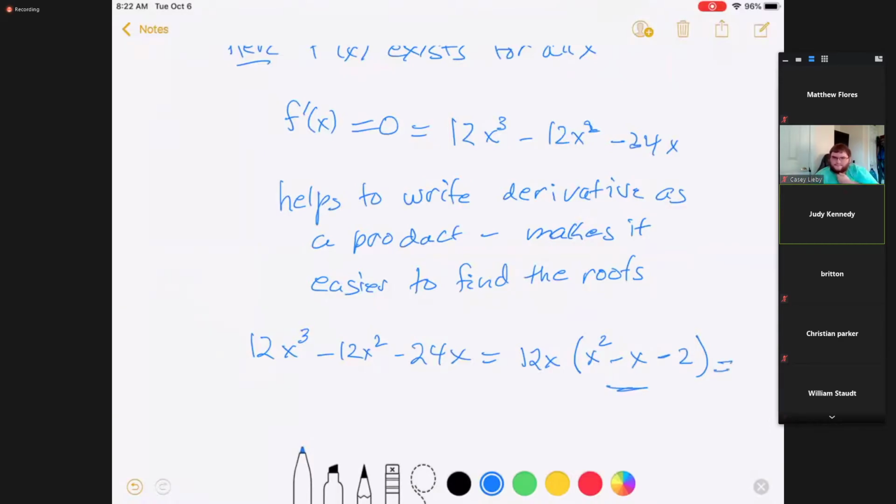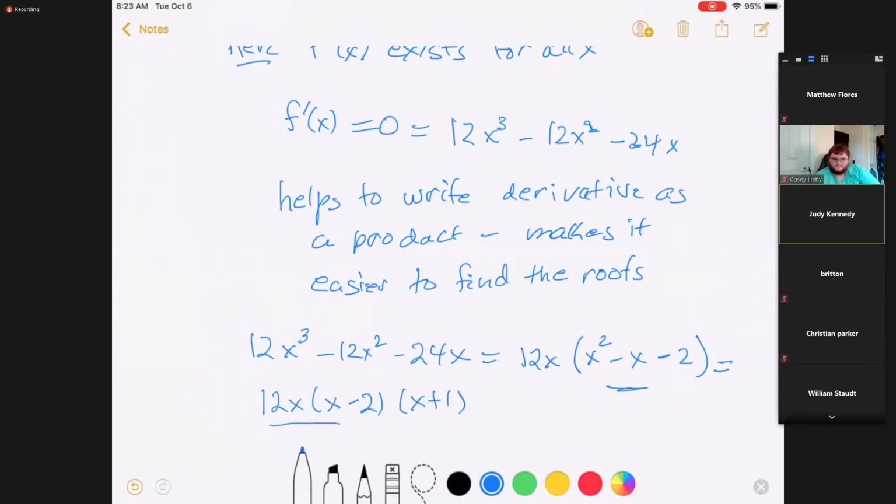Even if I can't factor it, I can always use the quadratic formula. But I bet you I can factor this one, because it came out of a book, and they're all carefully selected to work out fairly nicely. In real life, that doesn't happen much. Okay, so minus 2x. I think that works.